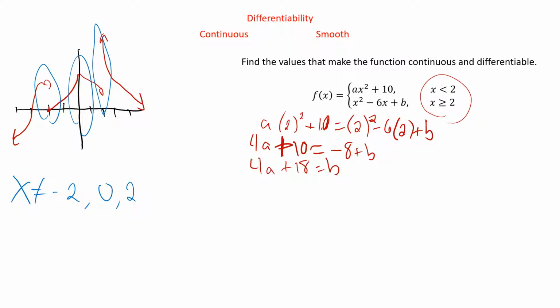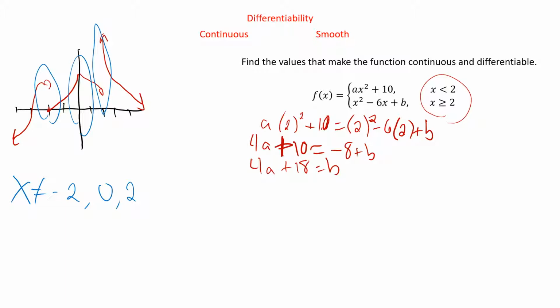For differentiable, we're going to do exactly the same thing, except we're going to do it with the derivatives. To take the derivative of a piecewise function, you just take the derivative of each piece of the function. If it's not differentiable at the intersections, you lose the or equal to part of the domain, but that's all it is. It's just the derivative of each part.